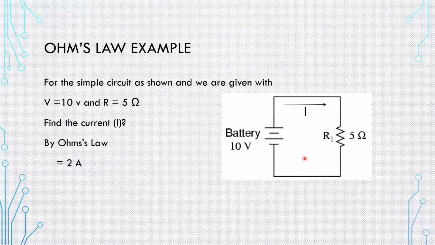You just go back to see the triangle. I have the voltage, I have the resistor. What's the relation that's gonna apply to find the current? If you go back to look for the relation, you're gonna see that you're gonna divide the voltage by the resistor.